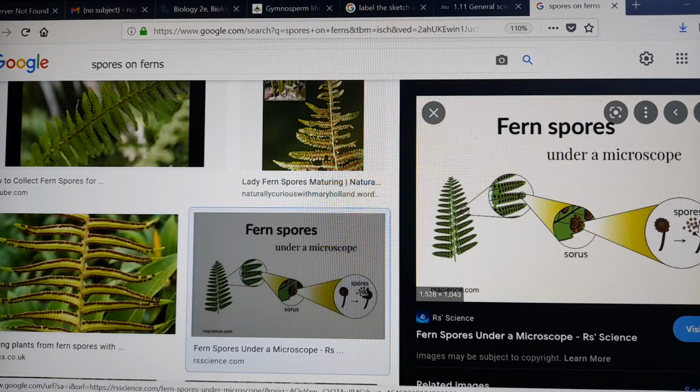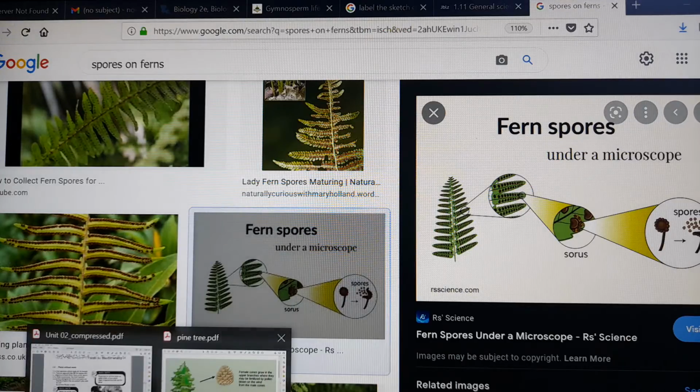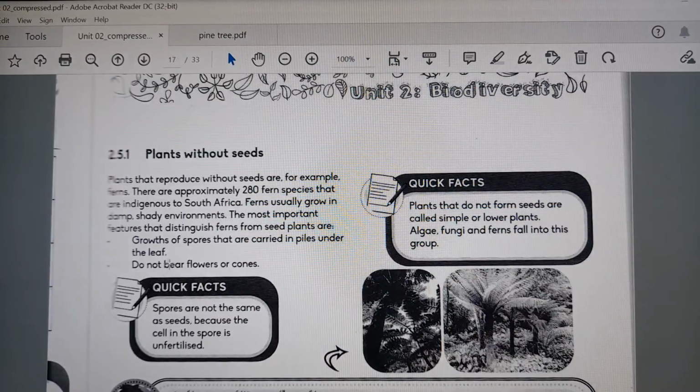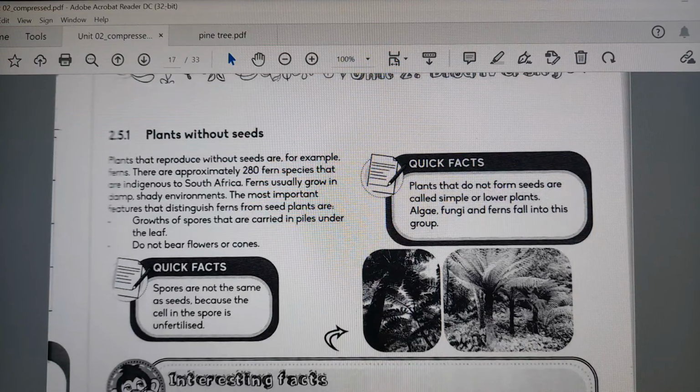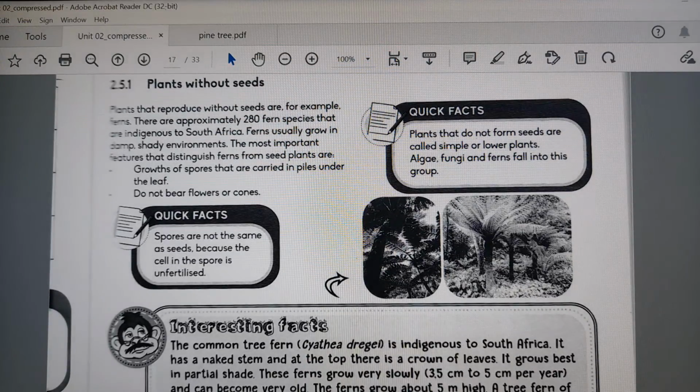They look like seeds, but they are not seeds because they are unfertilized, as they say in the textbook. They say spores are not the same as seeds because the cell in the spores is unfertilized, which means it cannot reproduce. Those are examples of plants without seeds.